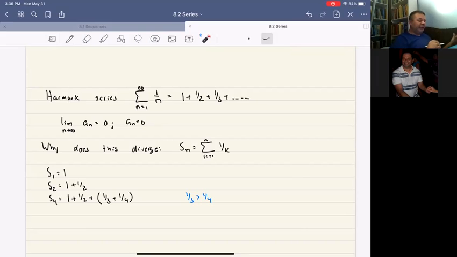So what I have here is that S sub 4 is actually bigger than 1 plus 2 halves. This is bigger than 1 half. 1/4 and 1/3 is bigger than 2/4. Okay, let's go to S sub 8.